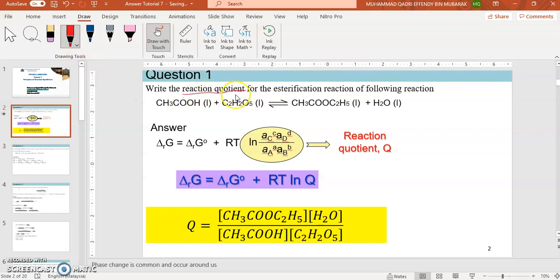for the reaction quotient, if we look back at our general equation, we will have this one. So what is Q? Q is the reaction quotient.